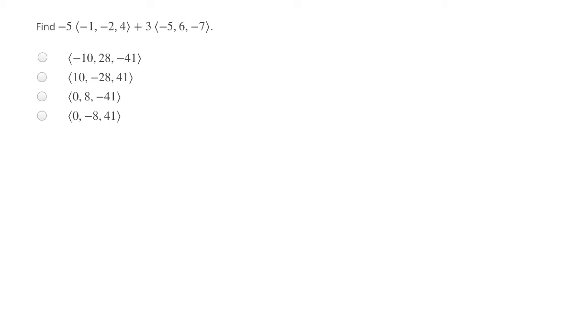So if we have a scalar c times a vector, let's say vx, vy, and vz, each component just gets multiplied by c. So I've got c times v sub x, c times v sub y, and c times v sub z.